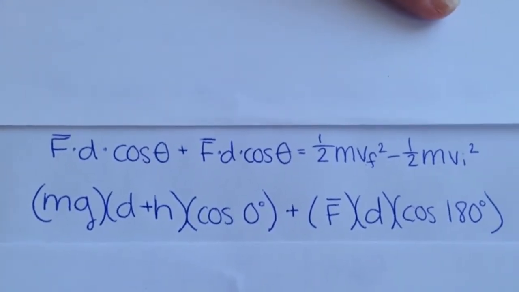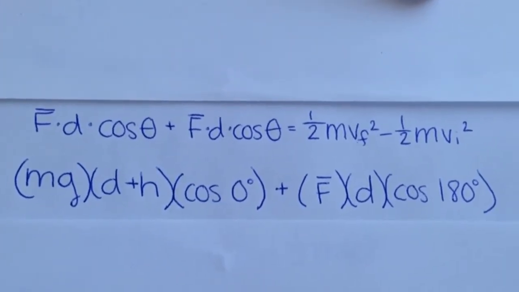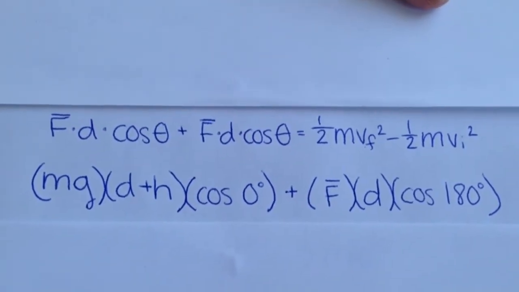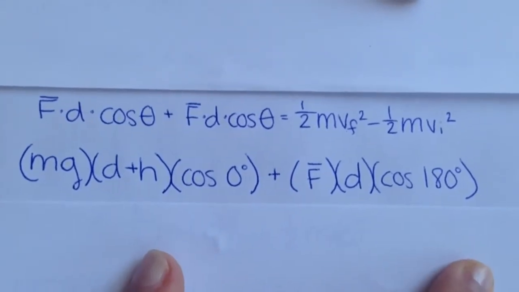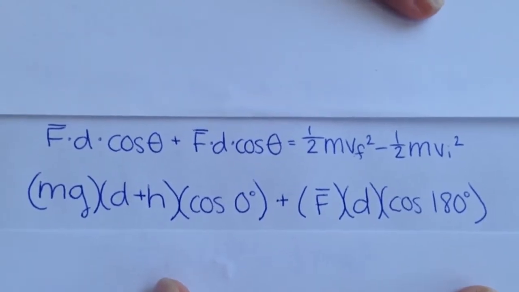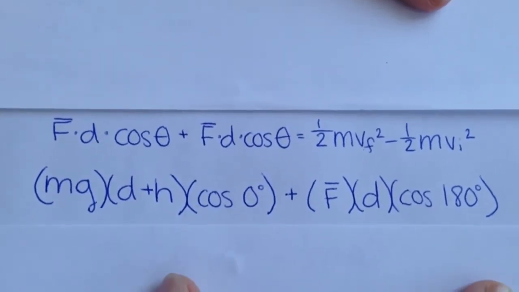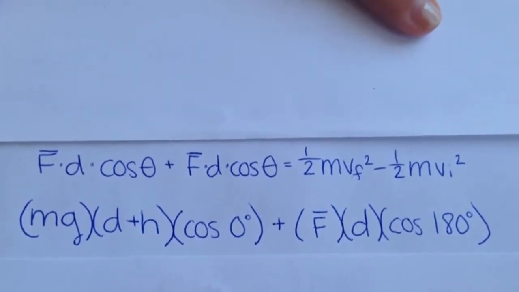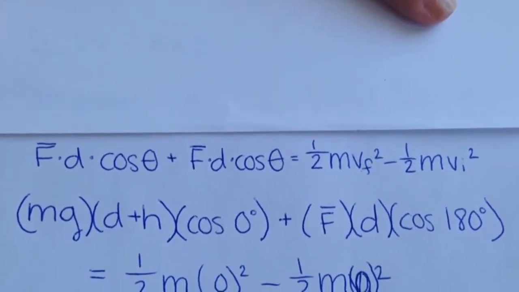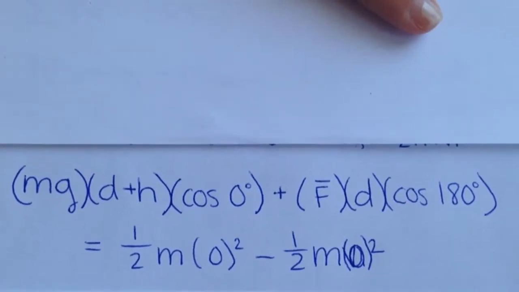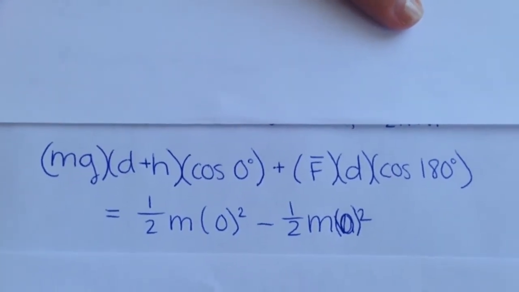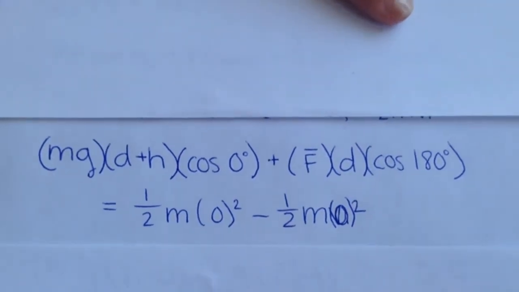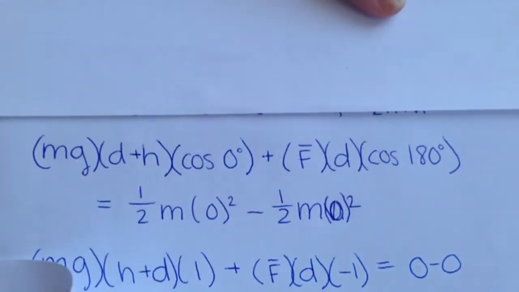And for the force that the beam exerts, it's force times distance, how far it goes into the ground, times cosine 180 degrees, since the beam is pushing upwards, which is 180 degrees from what gravity is doing. And this is all equal to 1/2 mass. Since the velocity final is 0 and the velocity initial is 0, it's just equal to 0.